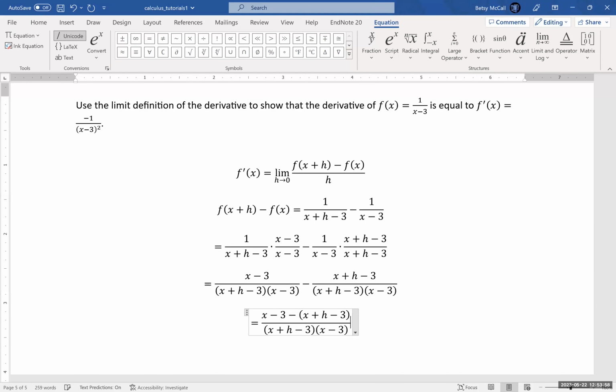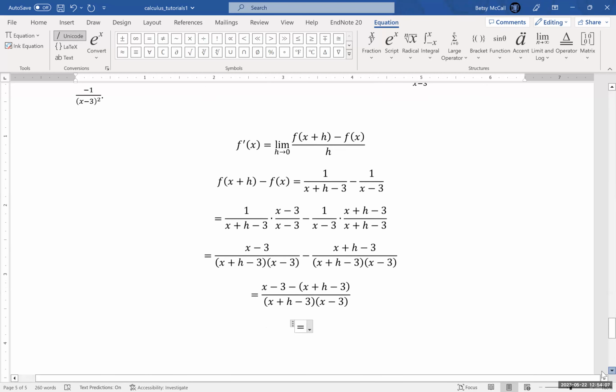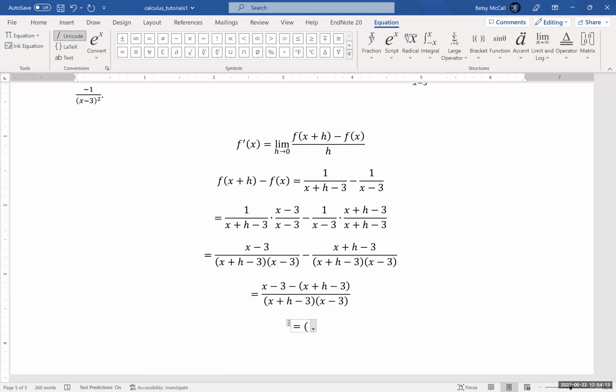And again, leave the denominator as it is. Again, this is just the numerator that we're working with here. We actually haven't put everything into the definition yet. And then when we distribute x minus 3 minus x minus h plus 3, over x plus h minus 3, x minus 3.